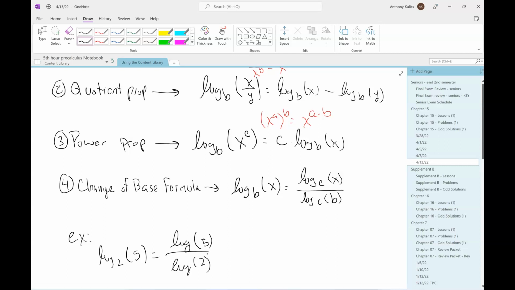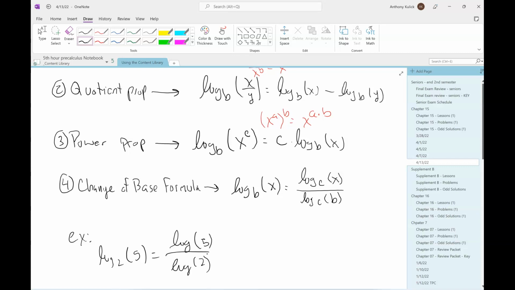But the change of base formula used to be really integral to being able to do anything with a logarithm because you had to look this stuff up. And even the scientific calculators that we had that started to become commonplace usually only had log 10 and log e. They didn't have a log of any base option on them.